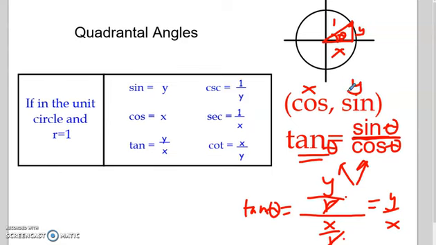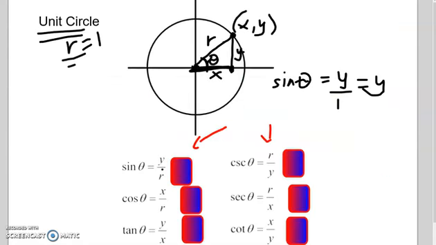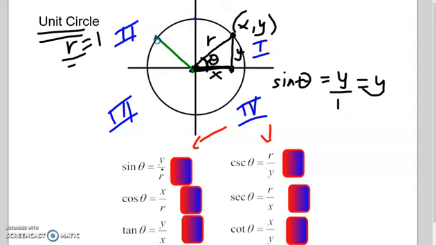Now, one thing I kind of skipped over, and let's go back and cover that, is what if the angle's not in this first quadrant here? So remember, this is the first quadrant, this is the second quadrant, this is the third quadrant, here's the fourth quadrant. So what if it's in the second quadrant? So remember, all we're doing is dropping. So sure, the angle is this whole thing, right?